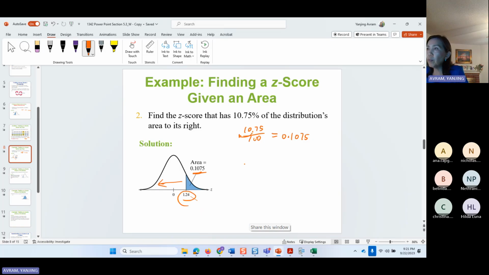Okay, so remember the total area is 1. So I am going to use 1 minus this.